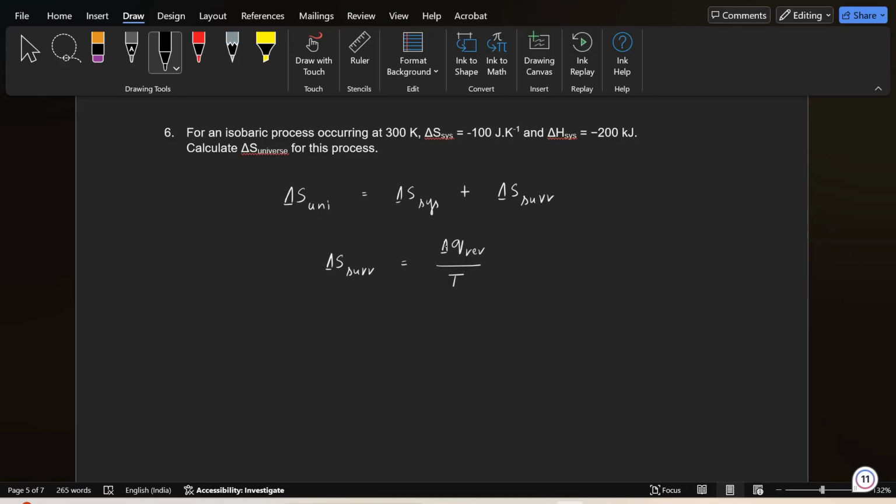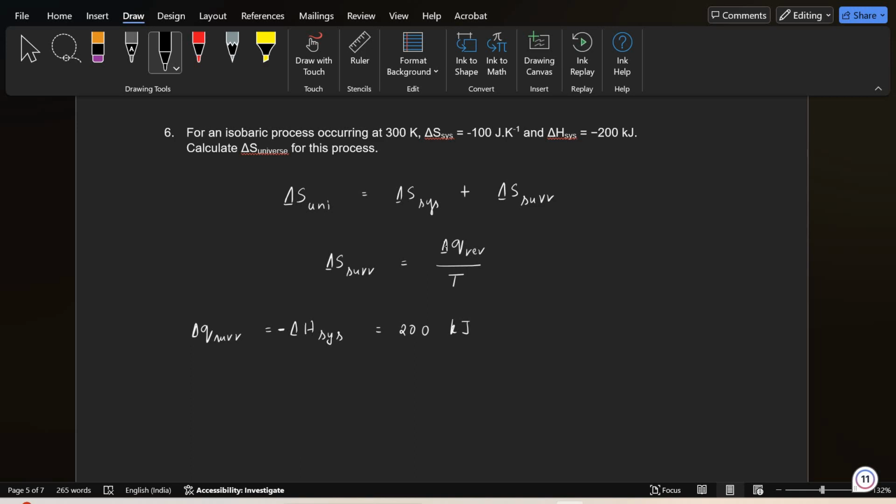So the delta Q of the surrounding is going to be equal to delta H of the system, but since it's negative, it means it's releasing. So for the system it's negative, but for the surrounding it's going to be positive. Are you clear with this point? Why I'm changing the sign from negative to positive?